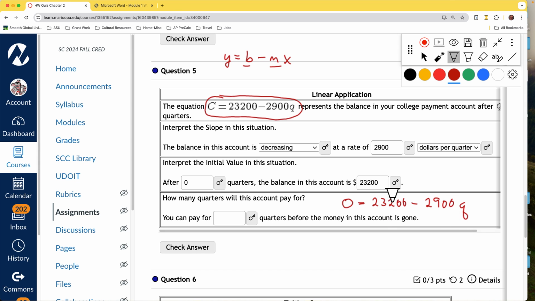When will we have $0 left? That will tell us how many quarters this will pay for. So how do we solve this? Do we deal with the multiplication first, or the addition and subtraction?